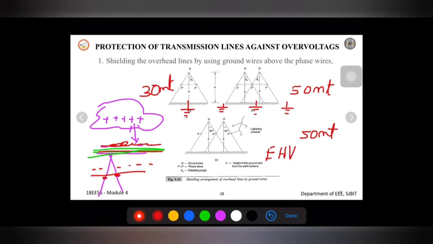It won't be done at only one point. If you look at your transmission tower, the tower will have 4 legs, usually in a 4-leg fashion. For all the legs, the grounding will be done, because whenever a fault or a lightning stroke occurs, the lightning should go to the ground through the ground wire or through the pole itself.